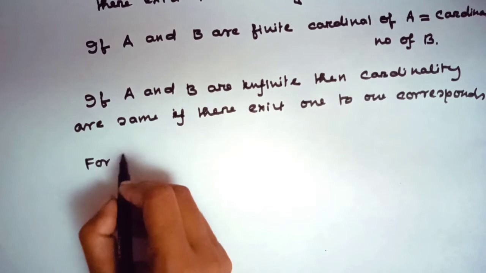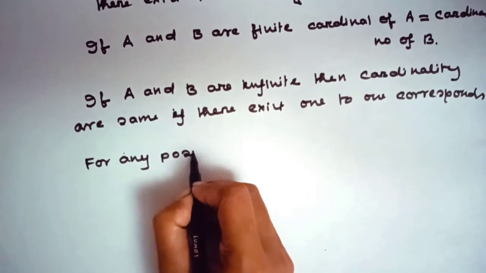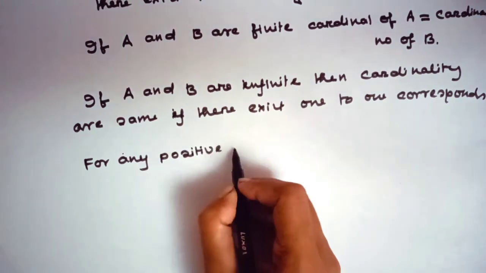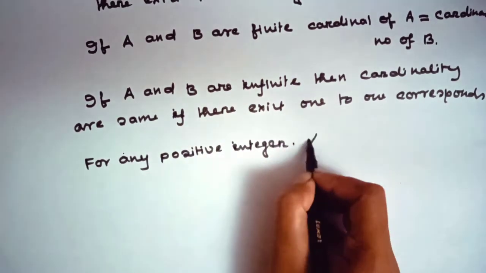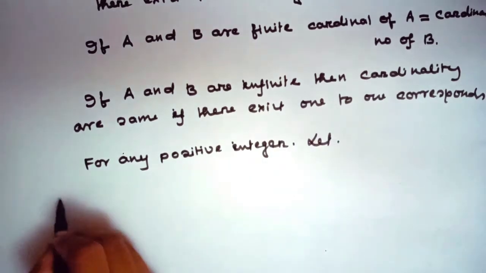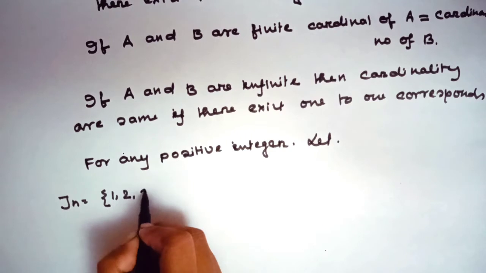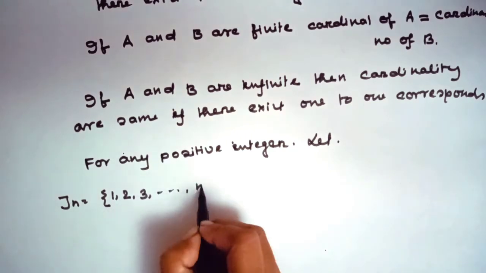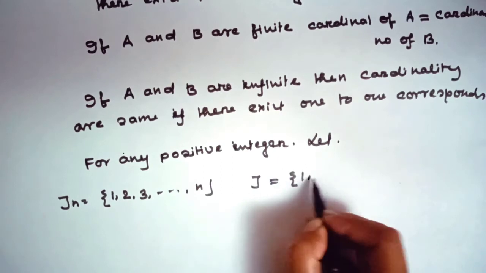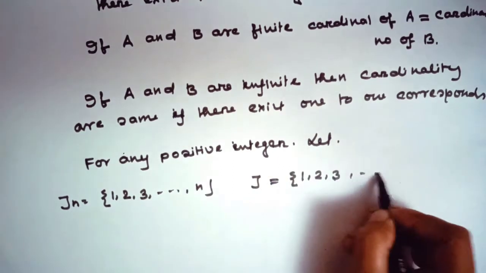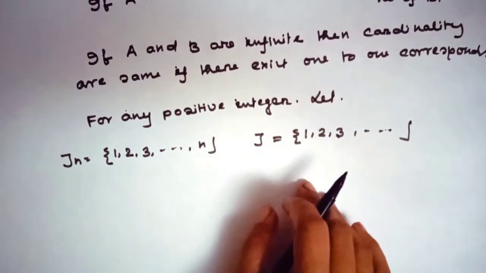For any positive integer n, let Zn equal the set of elements 1, 2, 3, up to n, and Z equal the set of all positive integers. Okay.